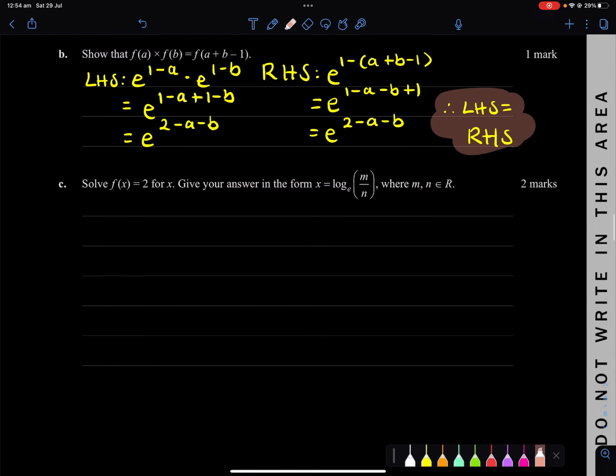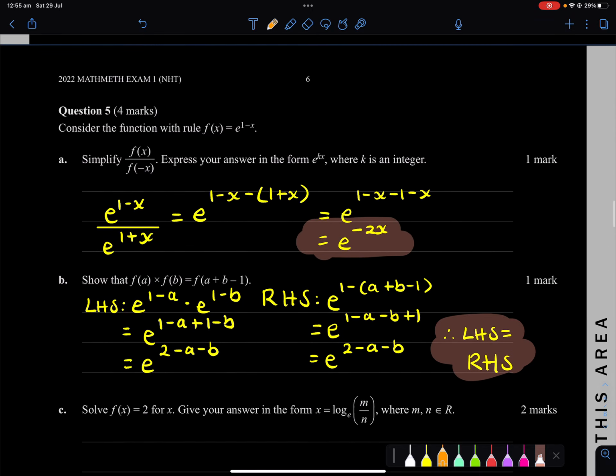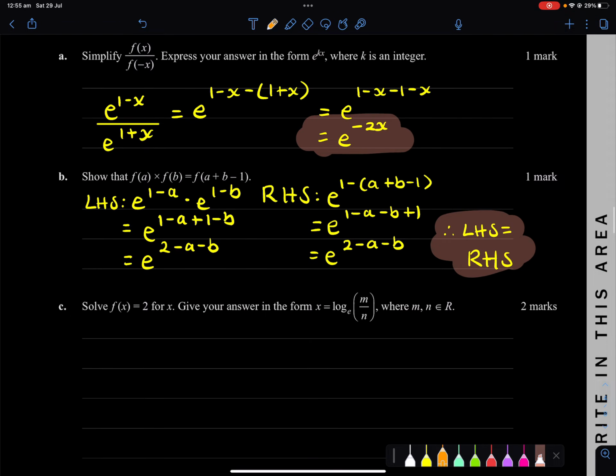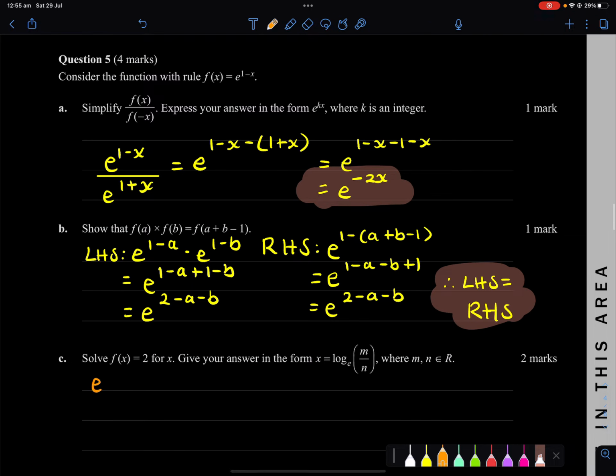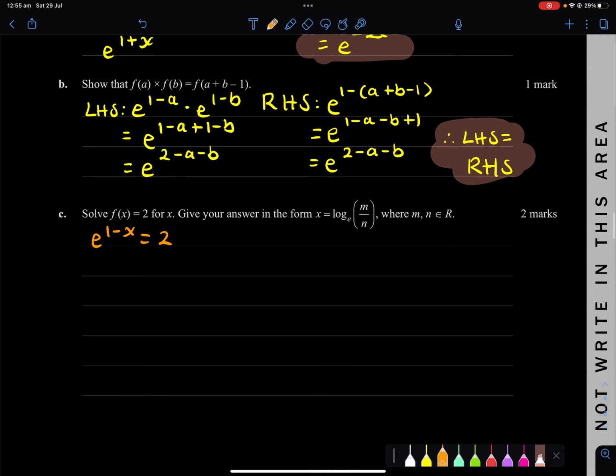All right, solve f of x equals 2 for x, give your answer in this form. Okay, so we want e^(1 minus x) to equal 2. That will be log base e of 2 equals 1 minus x, which will be x equals 1 minus log e of 2.